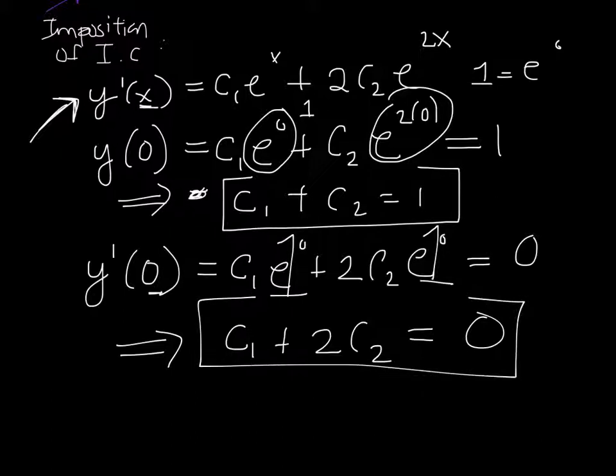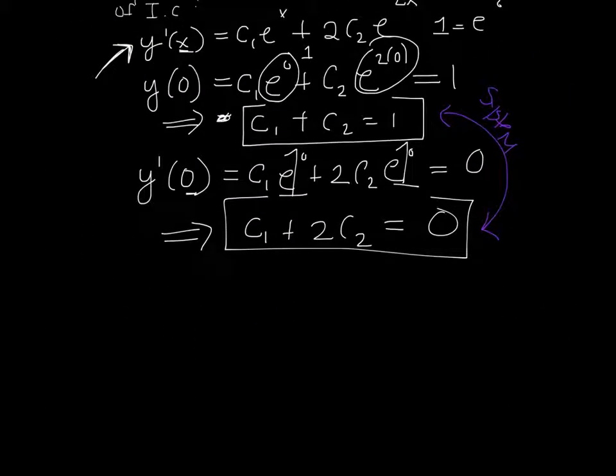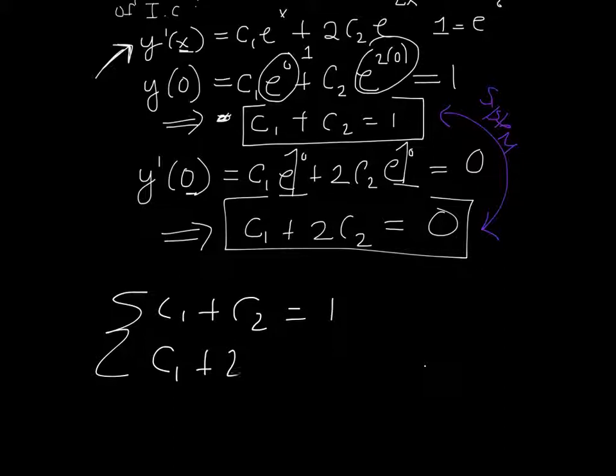Okay, so here are two equations in two variables. So this is a system, right, of linear equations. So we can put those together. So we have c1 plus c2 equals 1, c1 plus 2c2 equals 0.